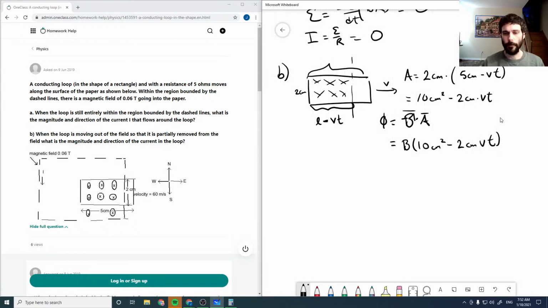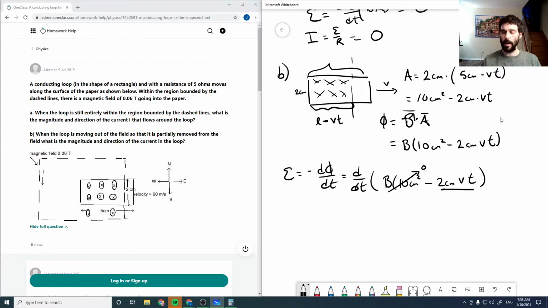Our EMF, which is minus d phi by dt, is going to be the derivative of this expression with time. And as we can see, this part doesn't depend on time, so it's going to go to 0.